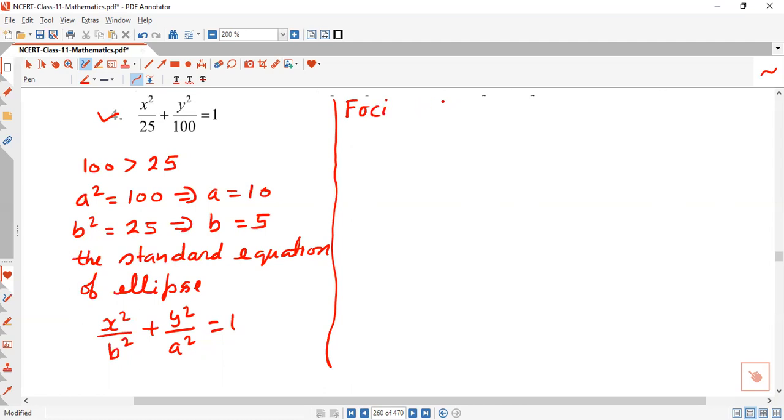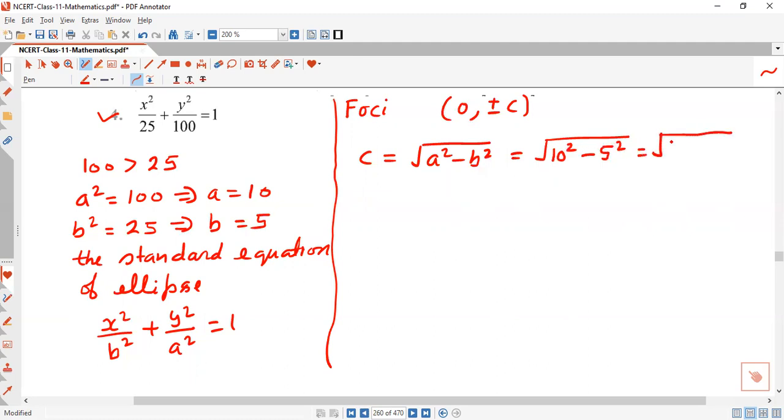Foci will be 0 comma plus minus c. We know c equal to what? c equal to under root of a square minus b square. It comes out 10 square minus 5 square, or you can say 100 minus 25, under root 75.